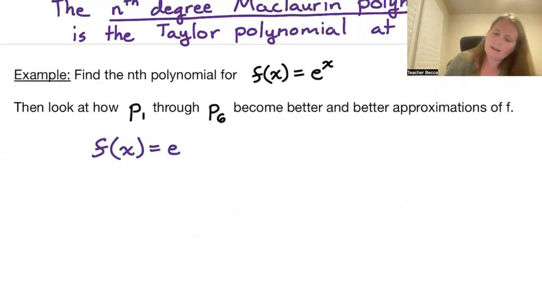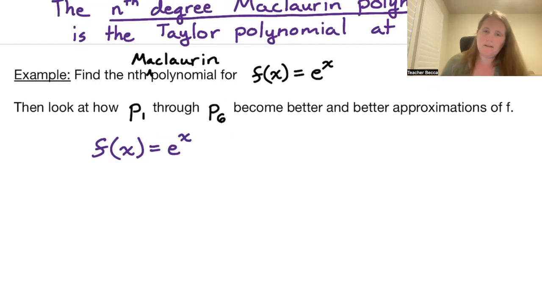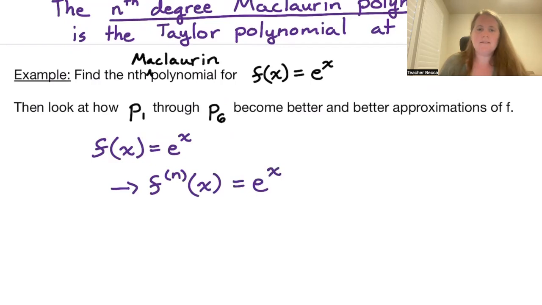Oh, I should have said the nth Maclaurin polynomial. Okay, so f of x equals e to the x. This function's easy to work with. We know that the nth derivative of e to the x is also e to the x.